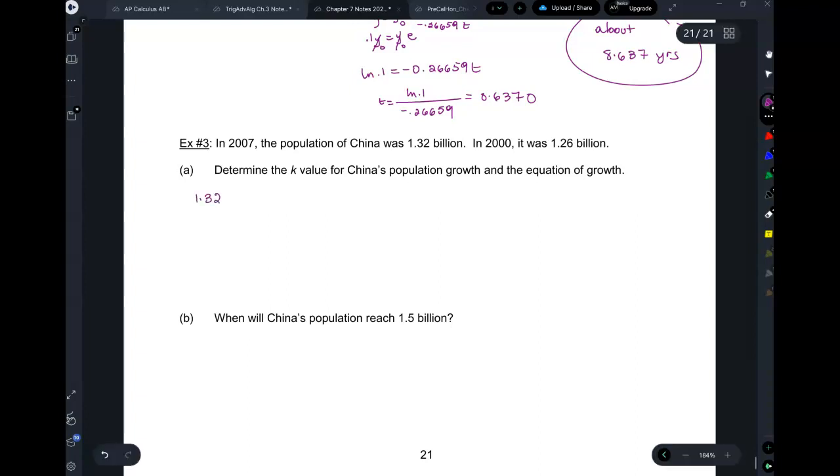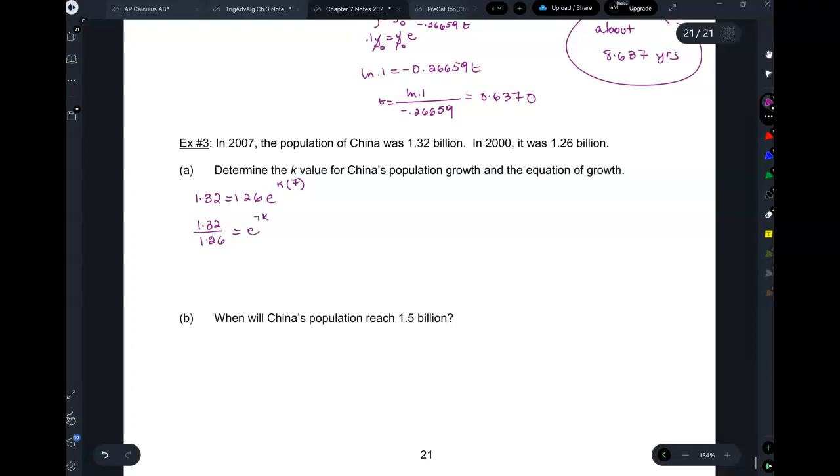When it's in terms of billions or millions like this, please don't put the zeros, right? Just put the 1.32 equals 1.26 e to the k times t. How much is t in this case? 7. First we have to divide, right? 1.32 over 1.26 is e to the 7k.